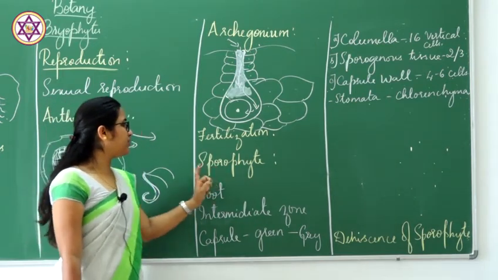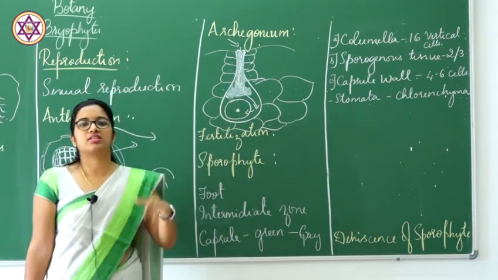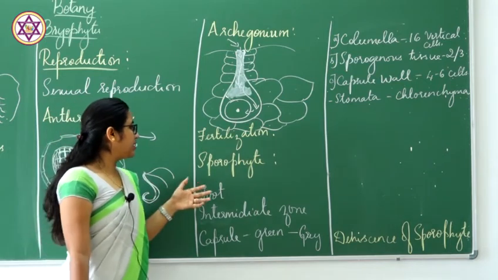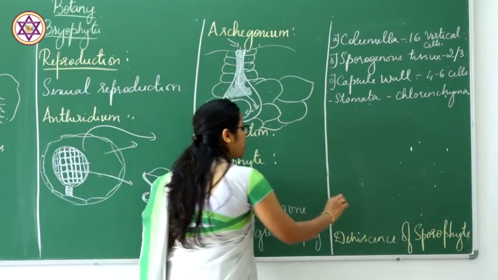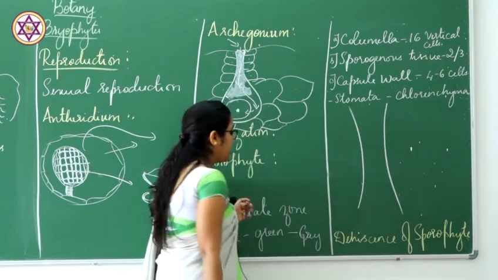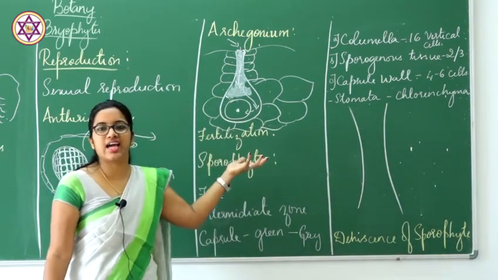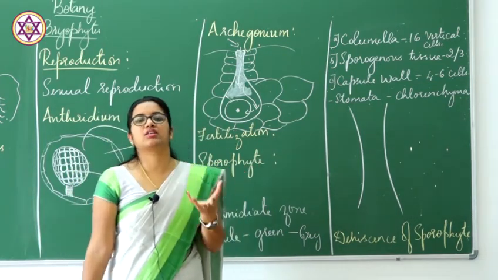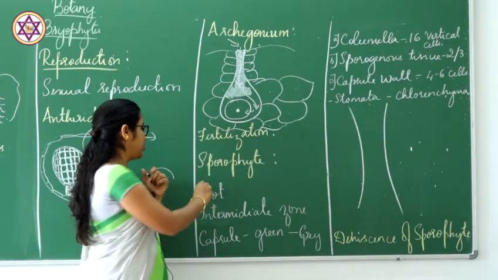So what happens in the sporophyte? This zygote starts dividing, multiple divisions. Once they divide, they form a slender, long sporophyte. Now they are still in attachment with the gametophyte. The first contact of the sporophyte and the gametophyte is the foot.